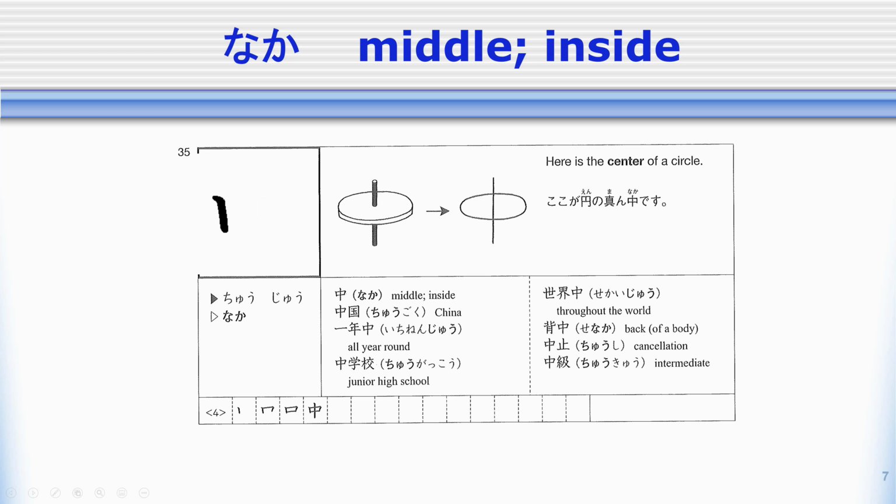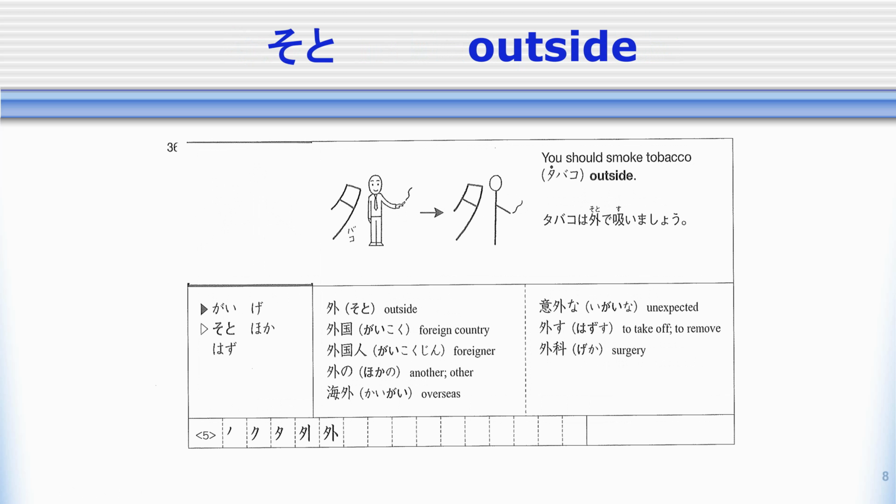Our next kanji is soto. Soto is the opposite of naka, so it means outside. This kanji is made up of some parts that might be familiar to us. It's a katakana ta plus a katakana to. So we start by writing the katakana ta and then the katakana to right next to it. So we have 1, 2, 3, 4, 5.